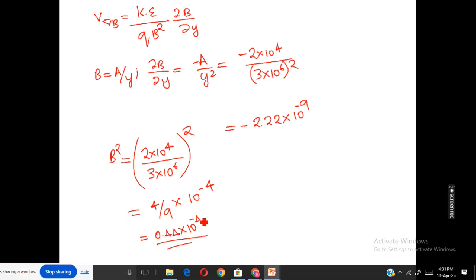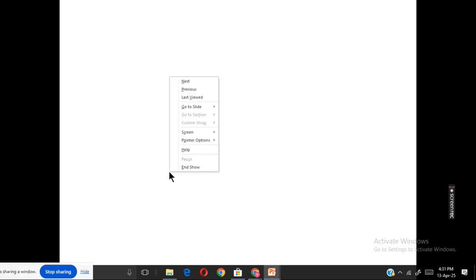Kinetic energy is given, Q B known. So B del B will be the drift velocity.